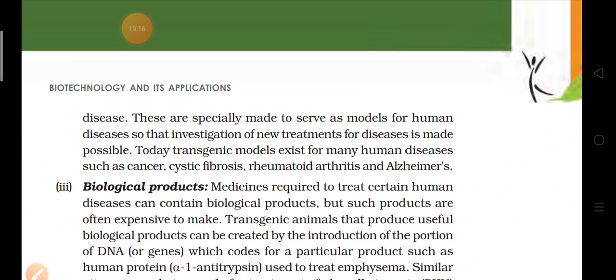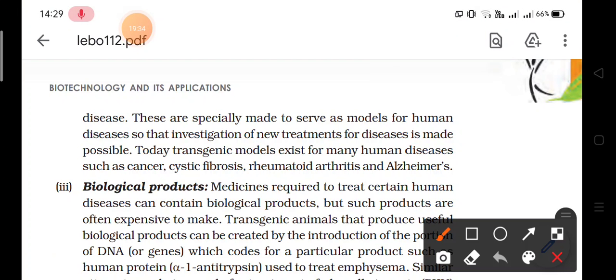Now the cells of that animal will behave like the cells of a human being, and in this way we can study or research these animals whose cells have been modified by human DNA. So they serve as models for human diseases, and investigation and treatment become easy.